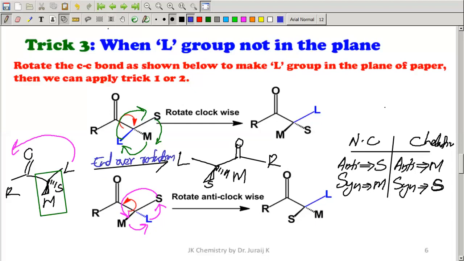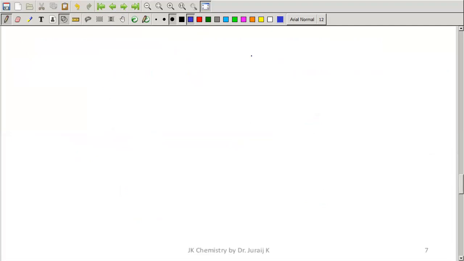You have to remember all these. Okay, let's do an illustrative problem. Listen here. I'm giving a compound like this. Here it is Ph. Here it is OMe. And here it is CH3.